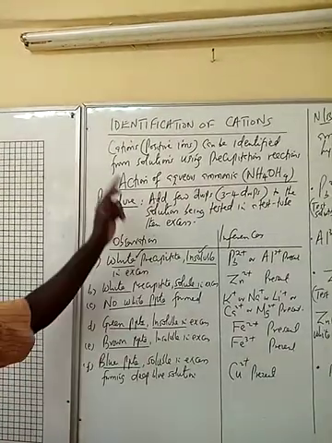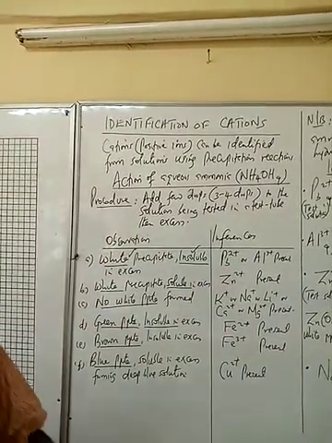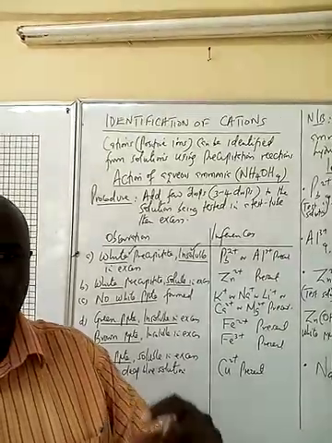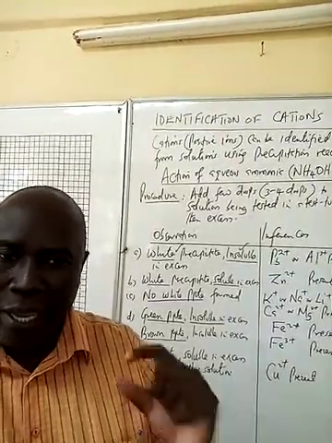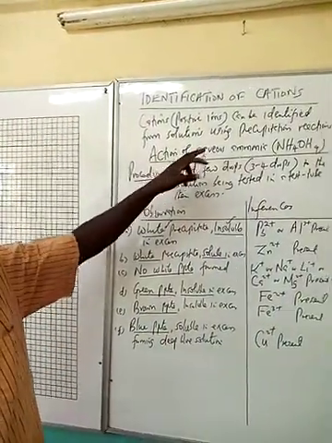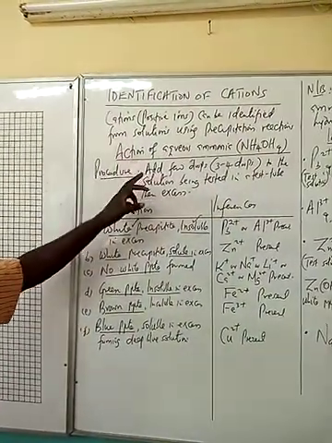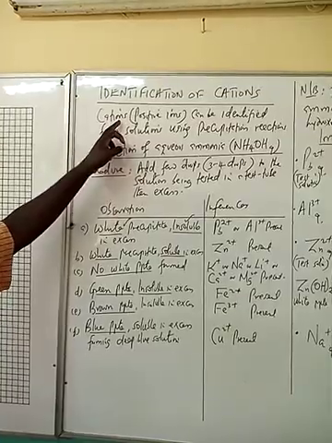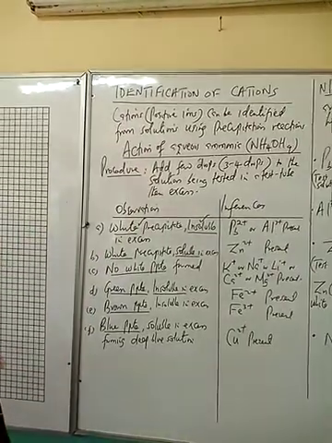So what's a precipitate? A precipitate is any insoluble solid which we get from a solution during a chemical reaction. So that process of precipitation can help us identify the positively charged ions.